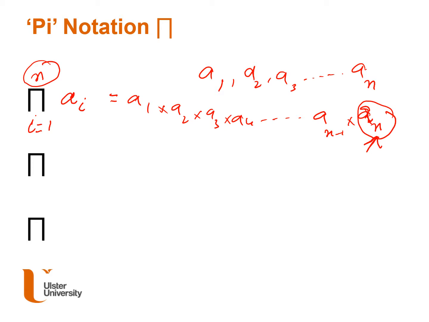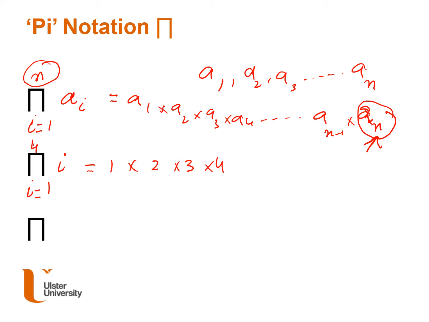We can take another example. We can write, let's say, i starting from 1 to 4, of i, and it would be equal to 1 multiplied by 2 multiplied by 3 multiplied by 4.